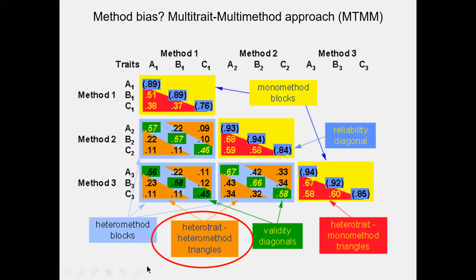Let me find my annotation. Method 3, which is spousal report on trait B, which is depression.